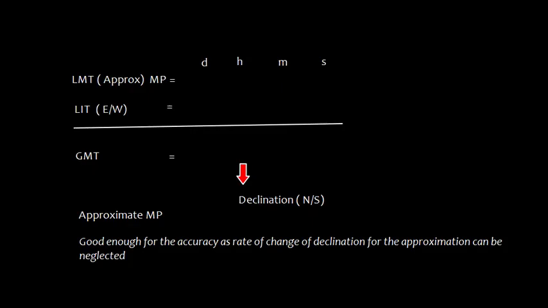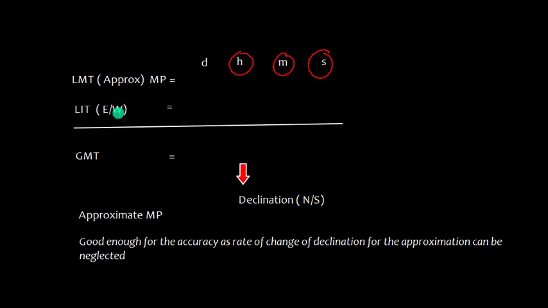So, what we do, we find LMT, which is approximate local mean time for meridian passage in terms of days, hours, minutes and seconds. Then we apply longitude in time, that means whatever is the longitude, we just divide it by 15 and convert into hours, minutes and seconds.